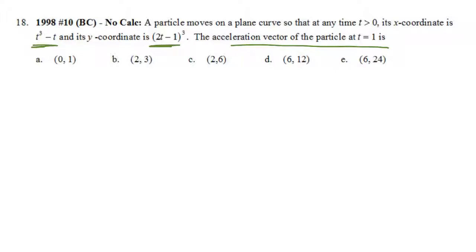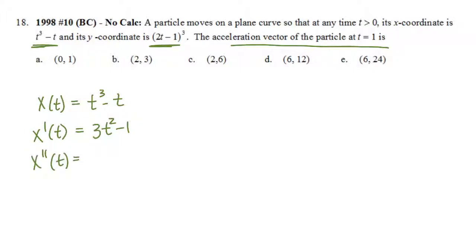So we need to go through and do some derivatives. Again, our position is given to us, so that's t cubed minus t. So x prime, the velocity, 3t squared minus 1. And then finally your acceleration, that's going to be 6t.